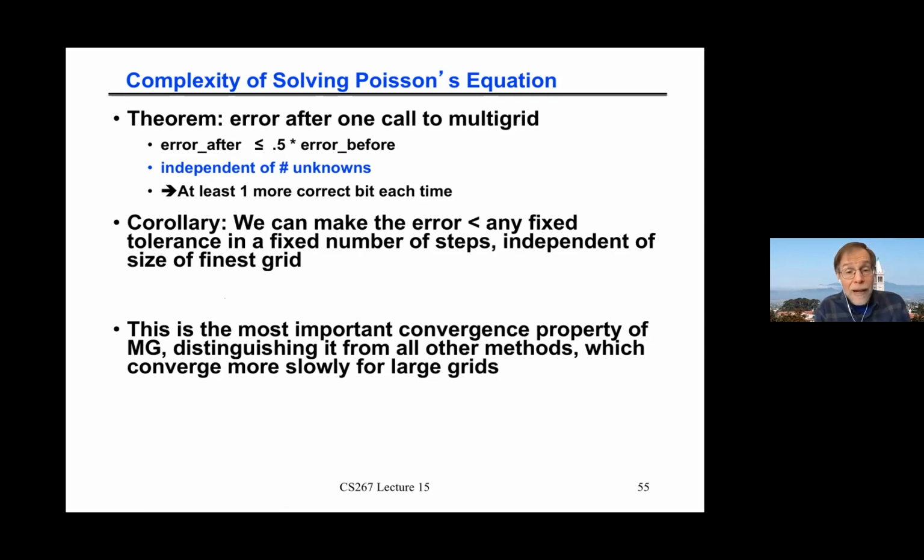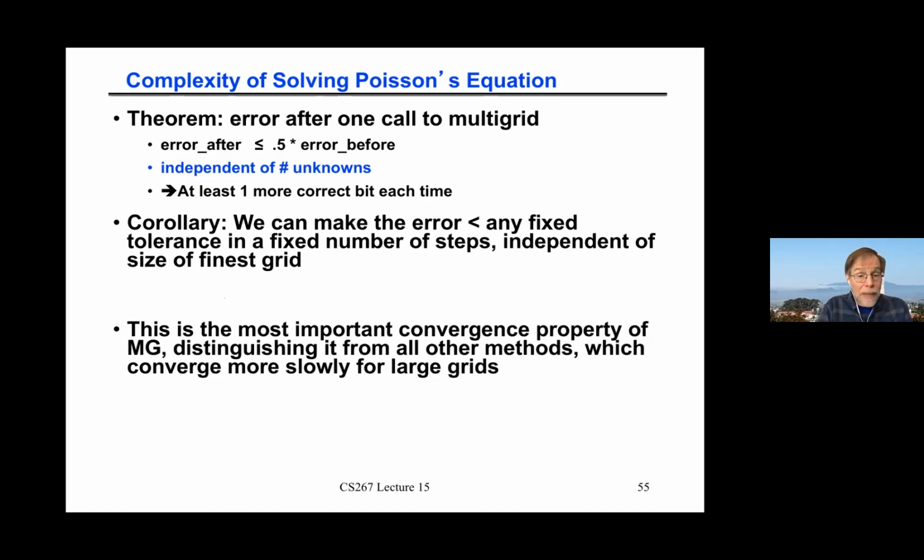And so no matter how big your solution is, the number of steps you take depends on how much accuracy you want. It's independent of the size of the finest mesh. And so if you want single precision, which means say 24 bits, then 24 steps, that's an upper bound, will tell you that you'll get full single precision accuracy.